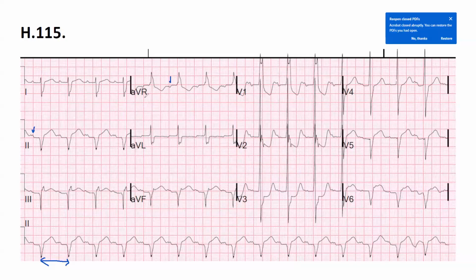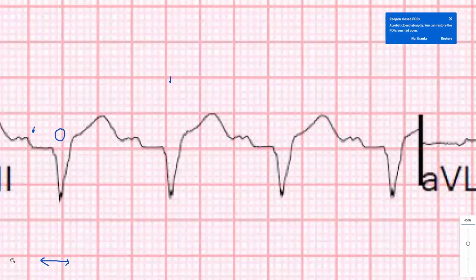Let's see the morphology of this P. I can see there is something wrong with it. How does it look? Like two waves, like double waves. It looks notched and wide. What does it mean?